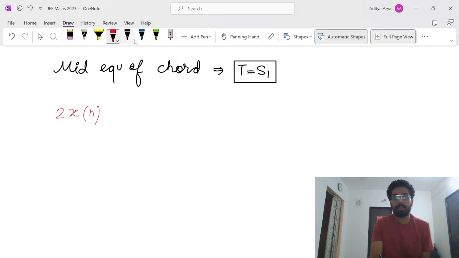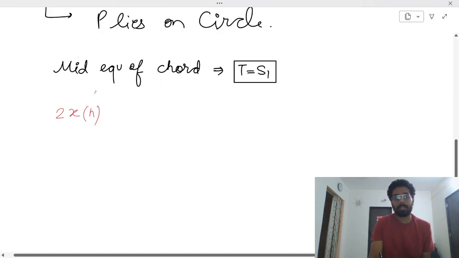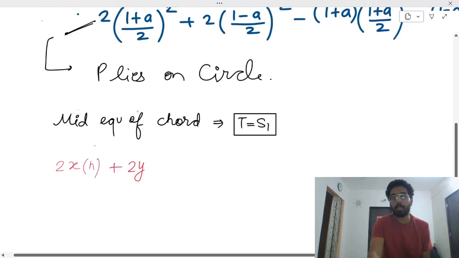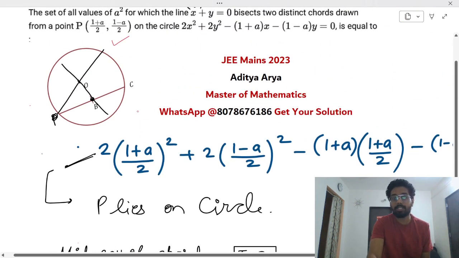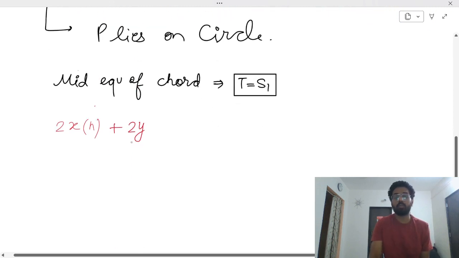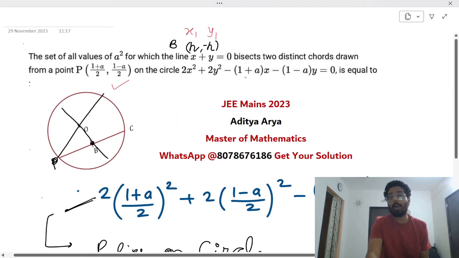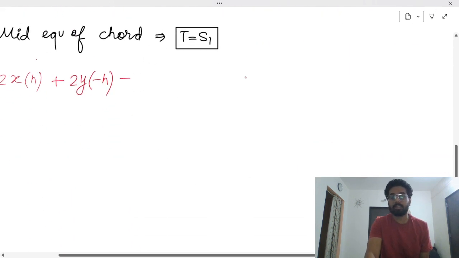So 2x x1 plus 2y y1, because over here it's 2y square, so I will write 2y y1. y1 is minus h. Minus what we have here, (1 plus a) into x. Now what will we write in place of x?